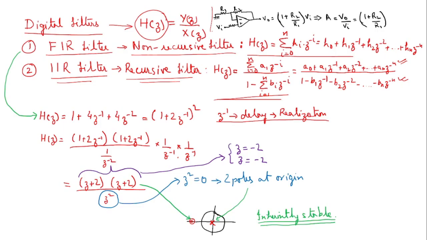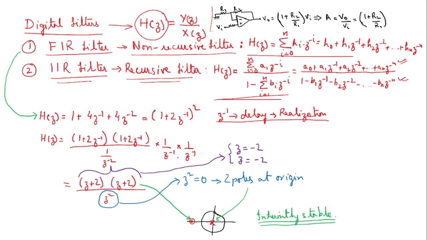Again, another important thing, if you remember correctly, in one of the pre-midsem classes, I told you the difference between the FIR and IIR filters. From where does this name come? The name comes from the fact that in the FIR filter, the impulse responses are finite in nature. That means after a particular number of outputs, the output will be 0. In the case of the IIR filter, this is not the case.